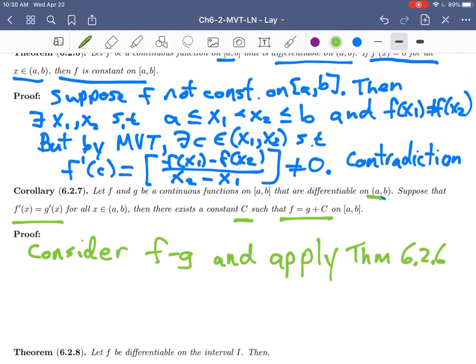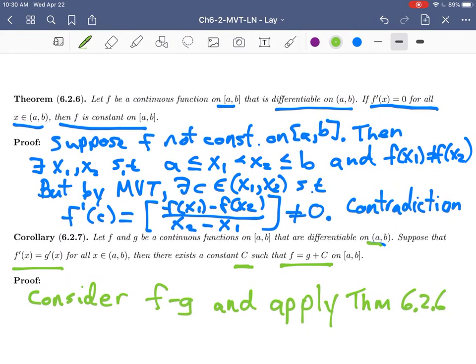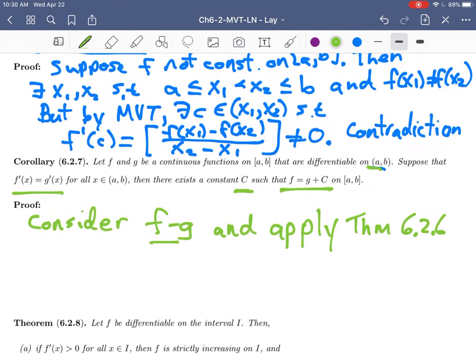So if you consider this function h that is equal to f minus g, that would give you h prime of x is equal to 0 for all x, so h would have to be constant, which would imply that f minus g is a constant.